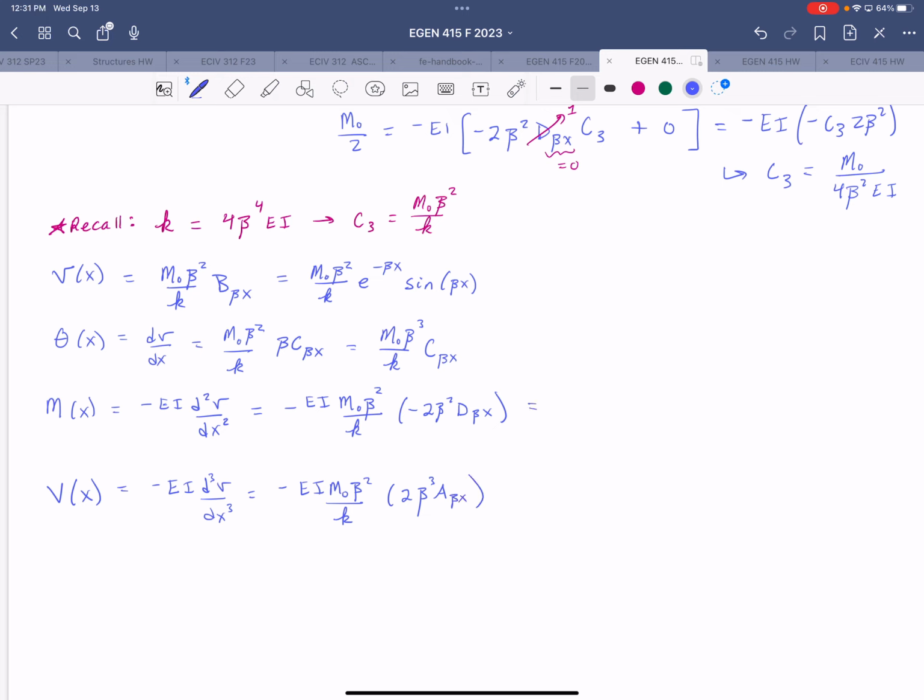So we'll simplify these terms a bit. First, just like this.